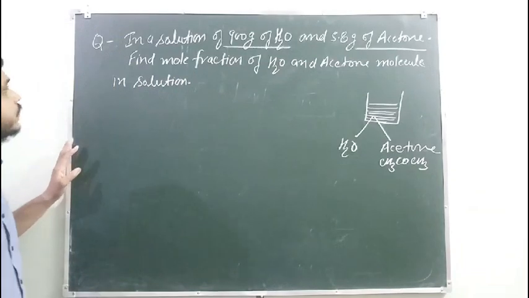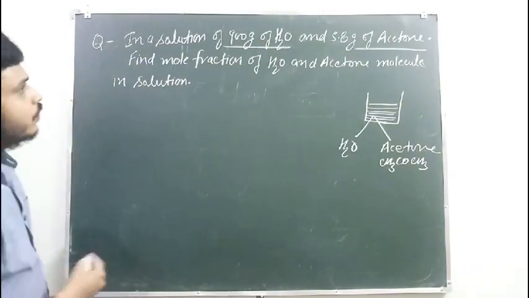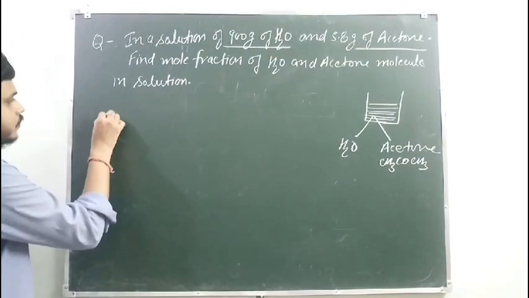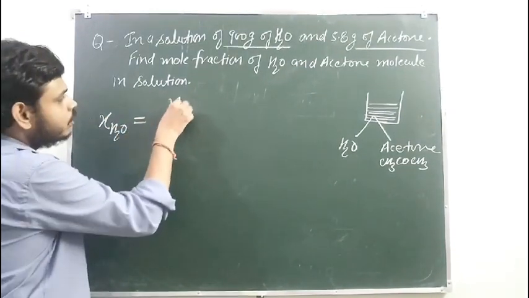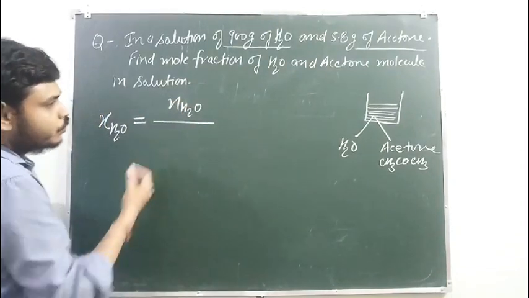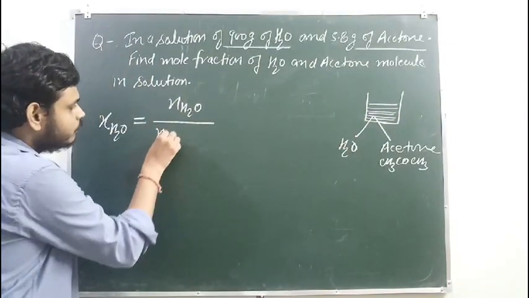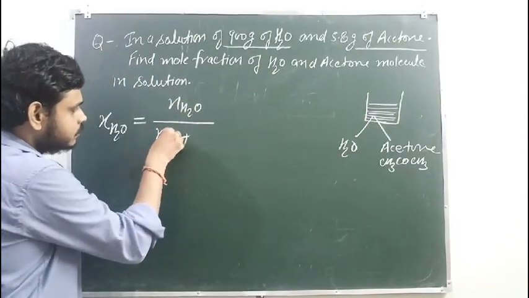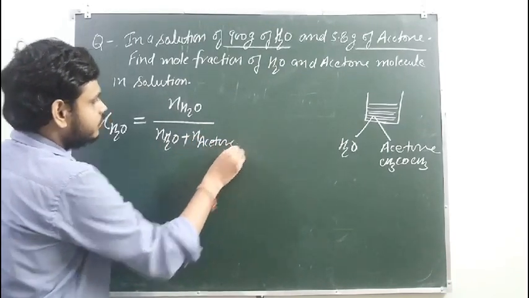First, we are calculating the mole fraction of H2O. So we have to write the formula of mole fraction. The mole fraction of H2O is equal to the number of mole of H2O divided by the total number of mole present in the solution, that is the number of mole of H2O plus the number of mole of acetone. Clear?